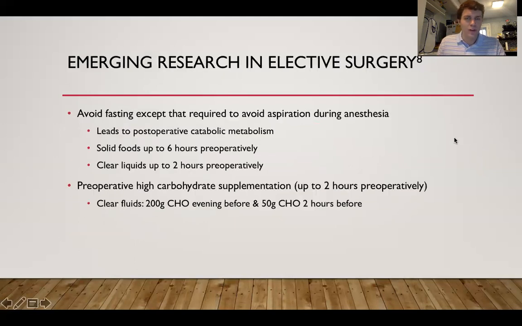So let's take a look at some emerging research, and this is more so emerging research in elective surgery. There hasn't been much research in terms of patients who have undergone these surgeries in terms of what I'm about to talk about. But it's very important to avoid fasting. This emerging research is mainly focused on mitigating post-operative catabolic metabolism and the increase in our stress metabolism.